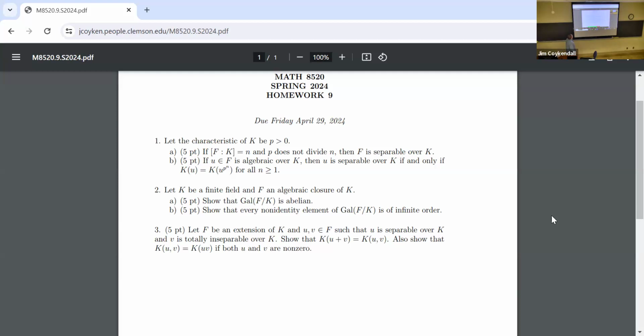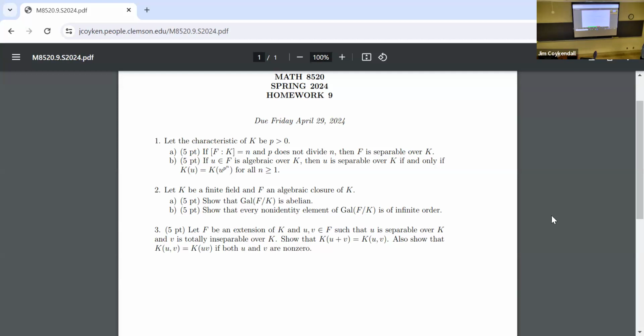If the degree of F over K is n and p does not divide n, show that F is separable over K. Informally, what it means to be separable is that if you have an irreducible polynomial that has a root in F, then the roots have to be not multiple roots; they have to be single roots. In other words, you can't have a root that has a power of it. I'll make that a little bit more formal in a moment.